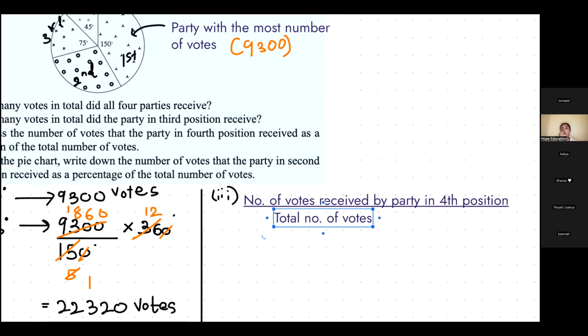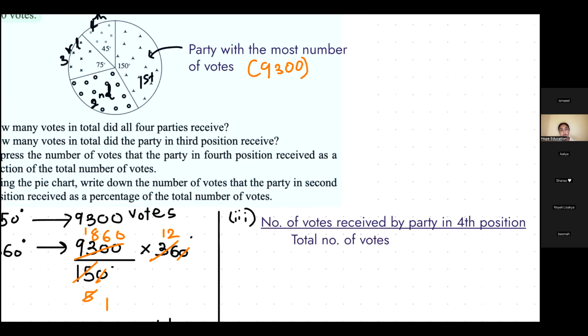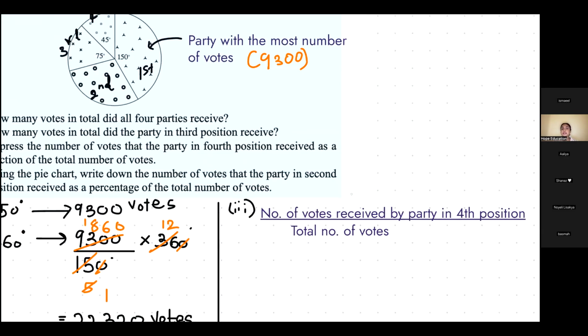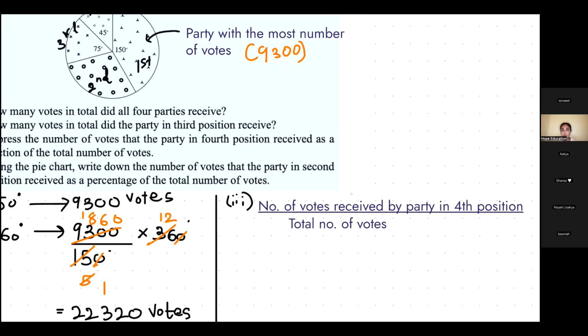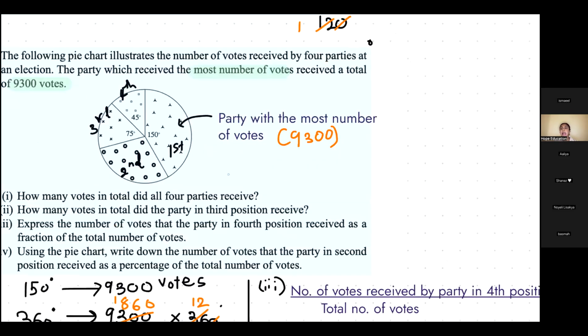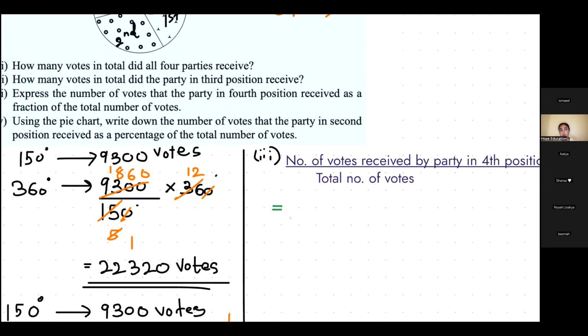Then we don't really have to find the total number of votes because we have the angles, that's enough. Number of votes received by the party in the fourth position is represented by the angle 45 degrees. Total number of votes is represented by the angle 360 degrees. So you don't really have to find the number of votes. The angle is enough because the angle anyways represents the number of votes.